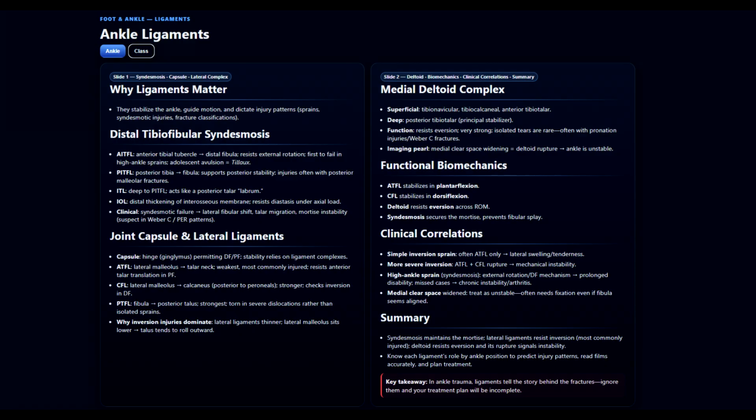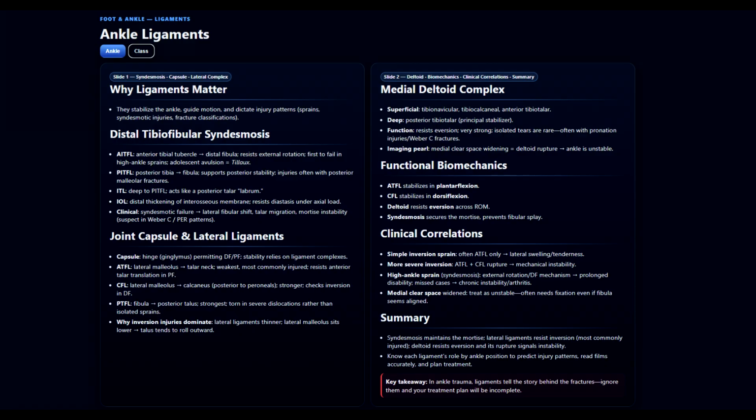The superficial deltoid has 3 main parts: the tibionavicular ligament, extending to the navicular, the tibiocalcaneal ligament, extending to the sustentaculum tali, and the anterior tibiotalar ligament, extending to the talus. The deep deltoid is composed mainly of the posterior tibiotalar ligament, which attaches from the medial malleolus to the posterior talus. The deltoid ligament resists eversion of the ankle.